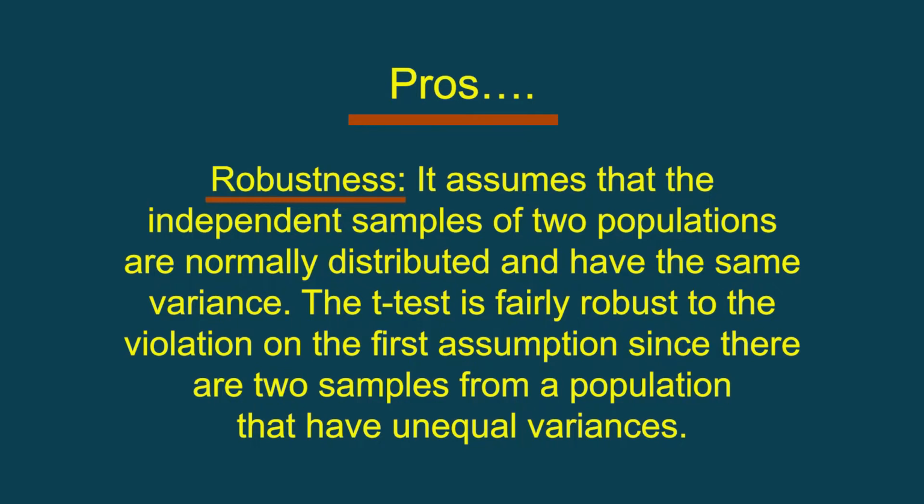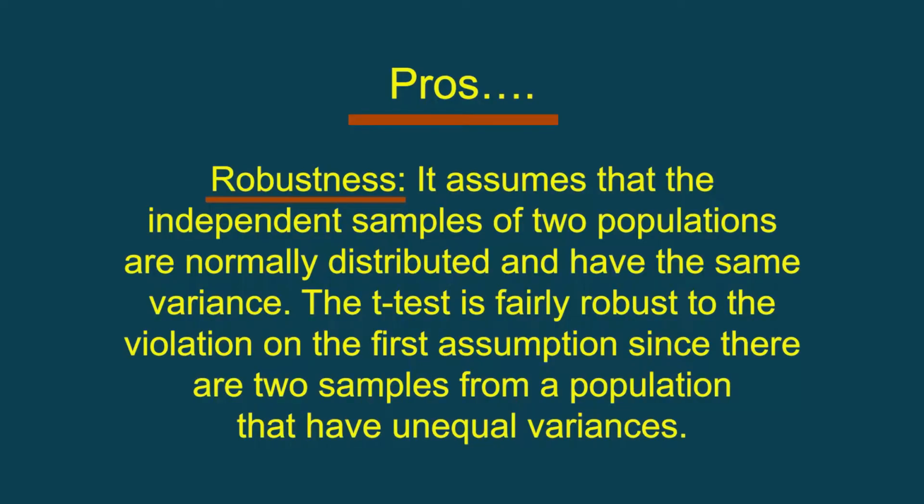Robustness. It assumes that the independent samples of two populations are normally distributed and have the same variance. This is one very important assumption in t-test that we take care of. That is, we assume that the two population variances are same. The t-test is fairly robust to the violation of the first assumption, that is the violation of the normally distributed population assumption, since there are two samples from a population that have unequal variances.